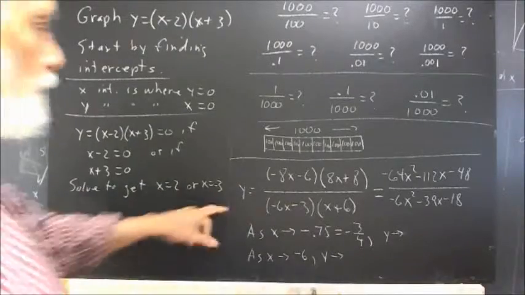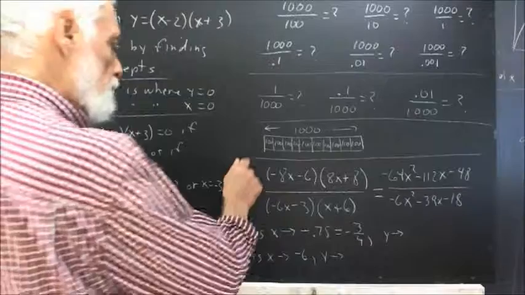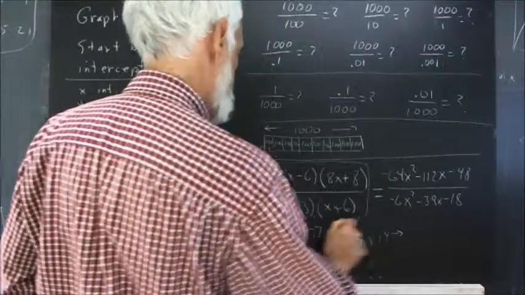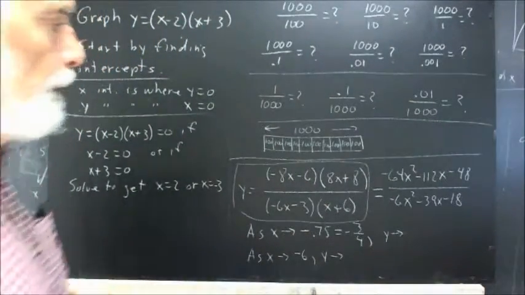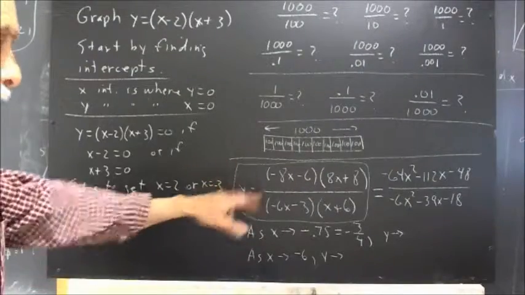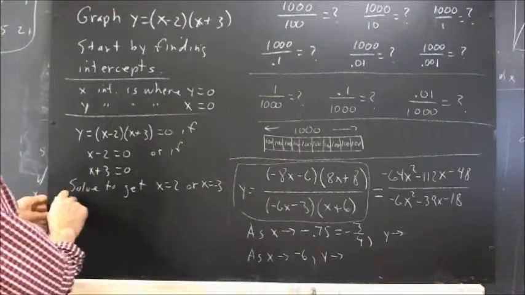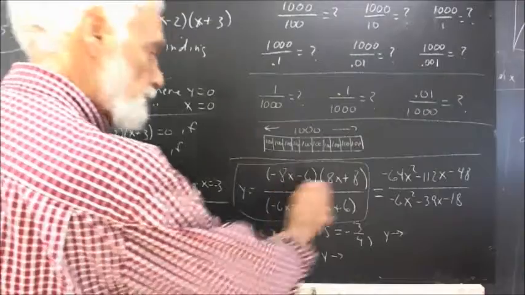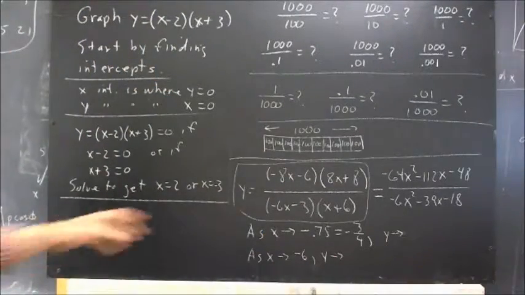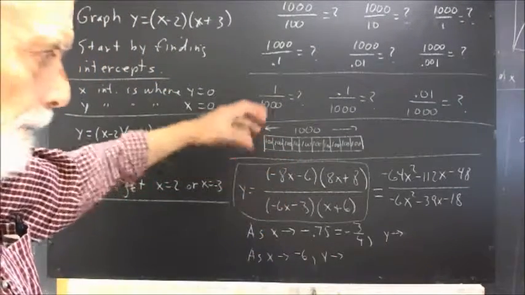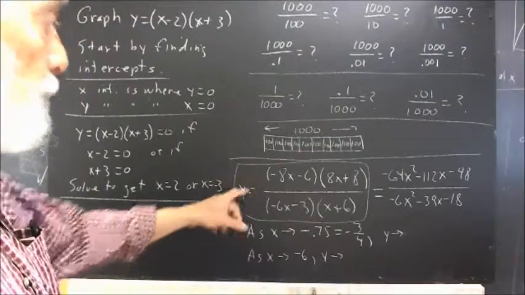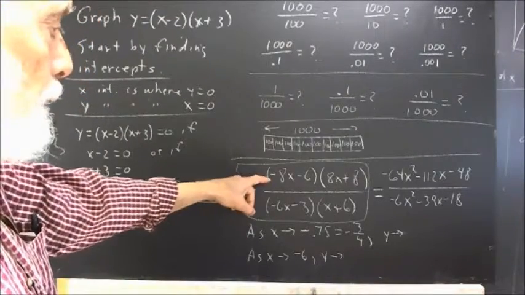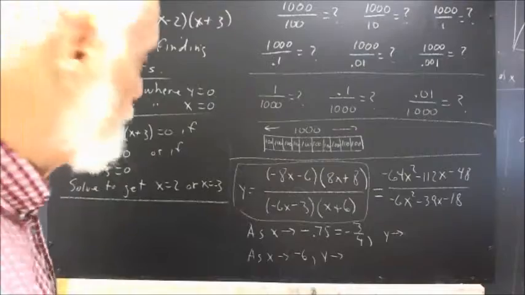Okay, we continued on with a question regarding this function. Now, there was a sequence of questions that broke down the process of understanding the intercepts and asymptotes and so forth for this function. First, we consider the numerator.